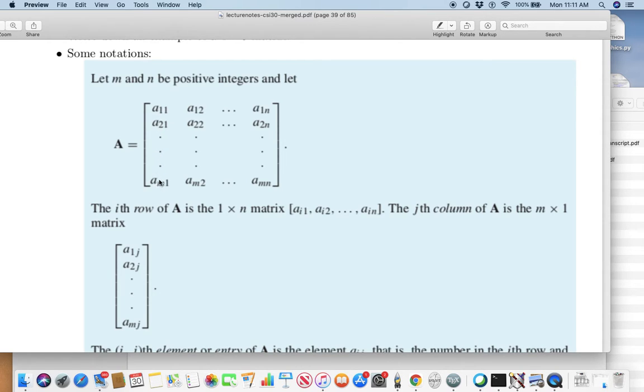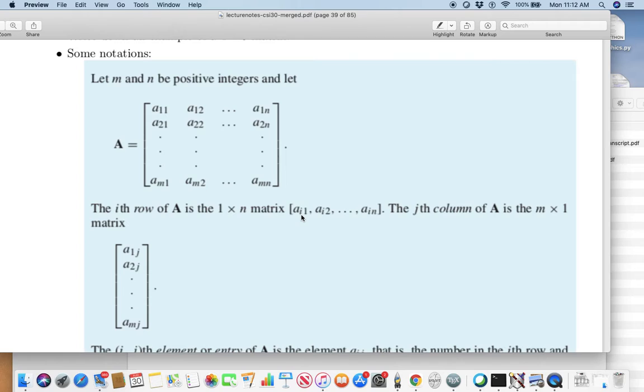So the first index represents the row, the second index represents the column. The ith row is the 1 by n matrix. So if I'm on the ith row, first row that's 1, second row that's 2, mth row that's m.